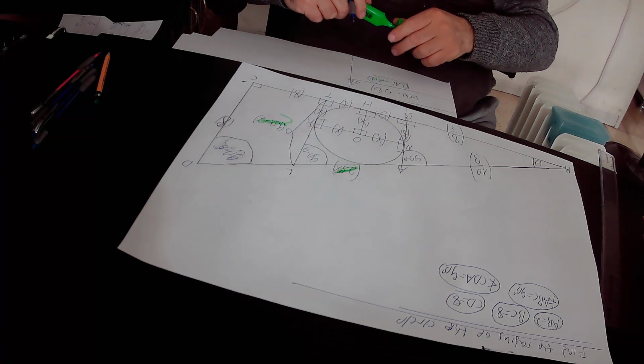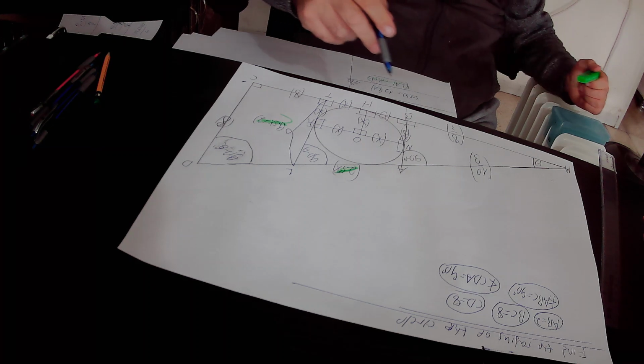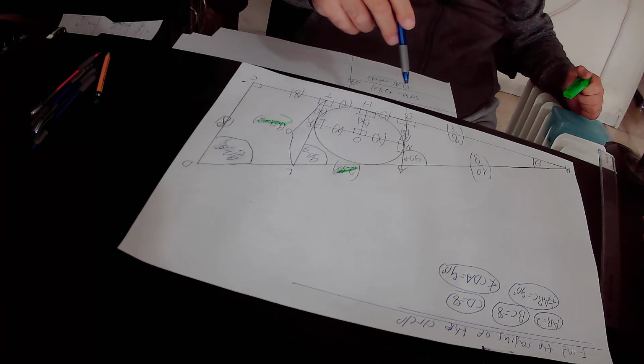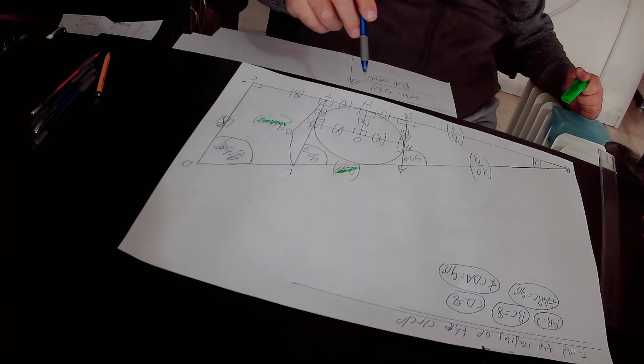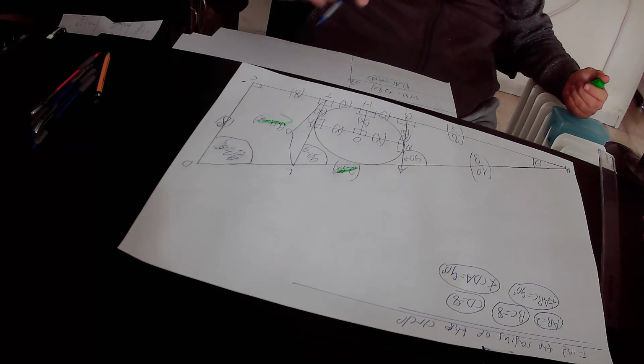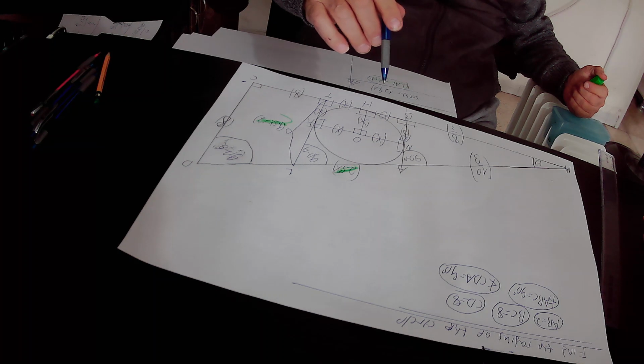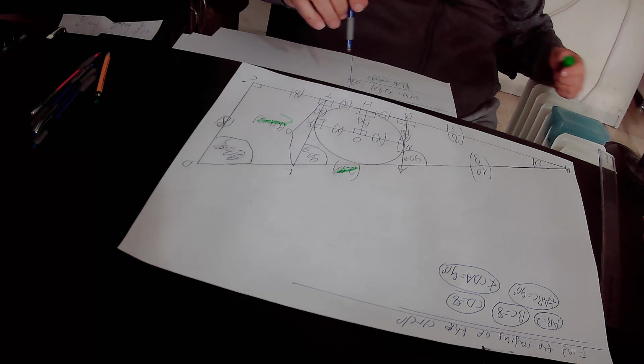In the next step, I will copy this small quadrilateral ALBT onto a new page with the circle that is inscribed inside it, and we will analyze this small quadrilateral ALBT.